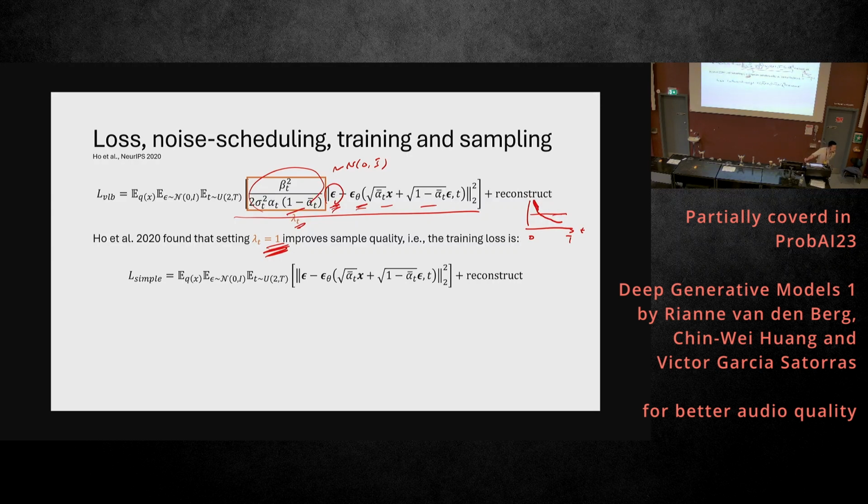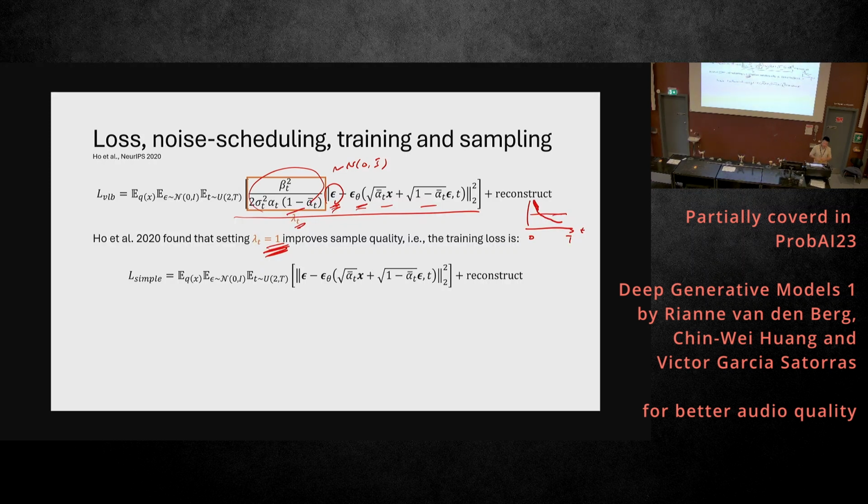Is putting it to one not equivalent to the beta t that we are multiplying at the start? You mentioned that we are multiplying with a factor less than 1, so that we are constraining our latent z to a normal distribution with standard deviation 1. Would it not be equivalent to putting beta t equal to 1 at that point, in each latent space?